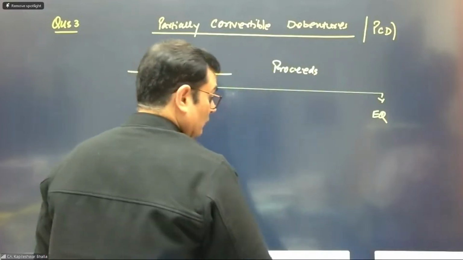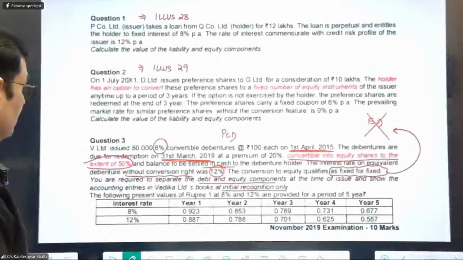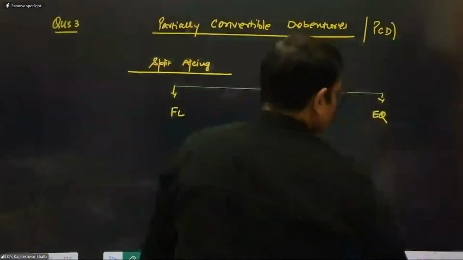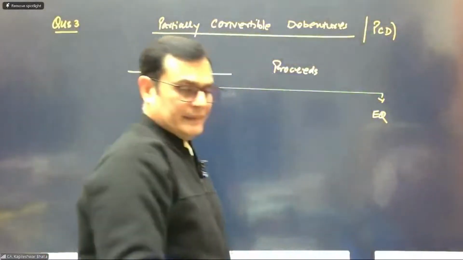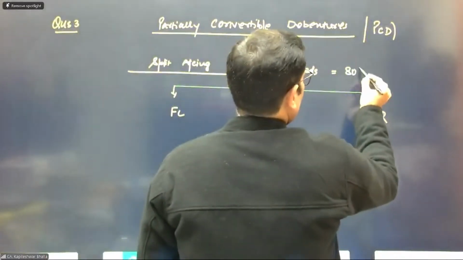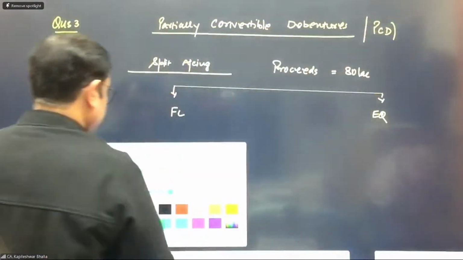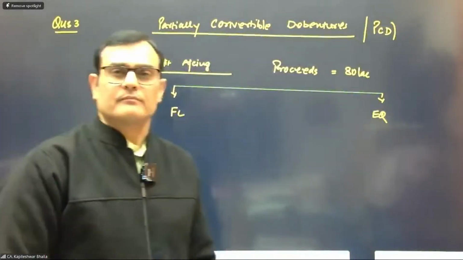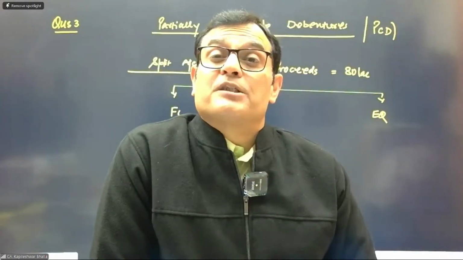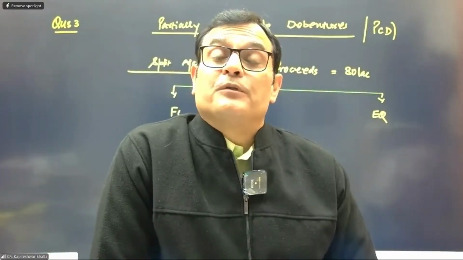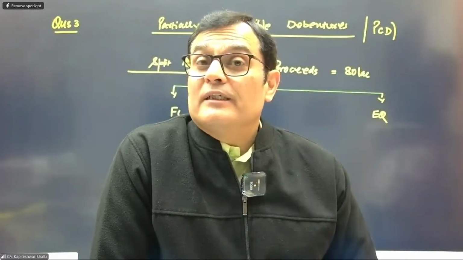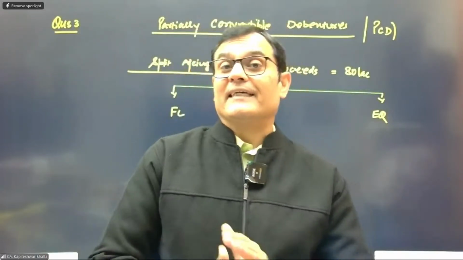I'm just going to add some more inputs at this stage. As far as the proceeds are concerned, 80,000 debentures of 100 each makes a total of 80 lakhs. The proceeds are 80 lakh rupees, and we need to segregate the element of FL. Since the money is going to be paid 50% in shares and 50% in cash, the financial liability will include only the unavoidable amount to be paid in cash.